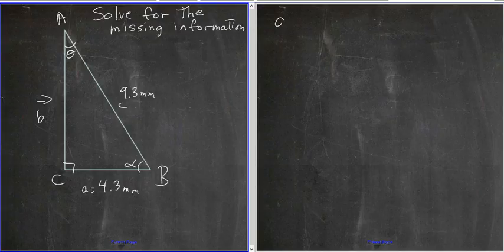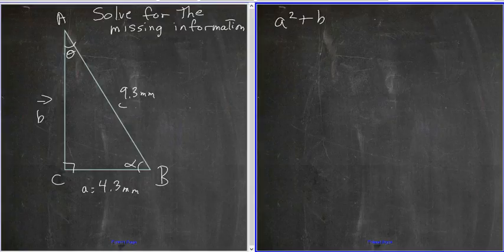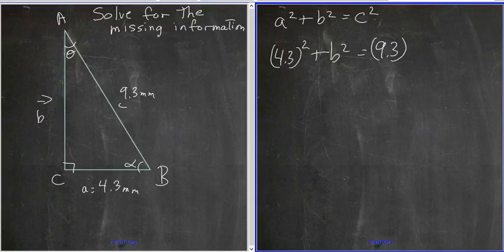So Pythagoras is a squared plus b squared equals c squared. We know a and c. So 4.3 squared plus b squared equals 9.3 squared.